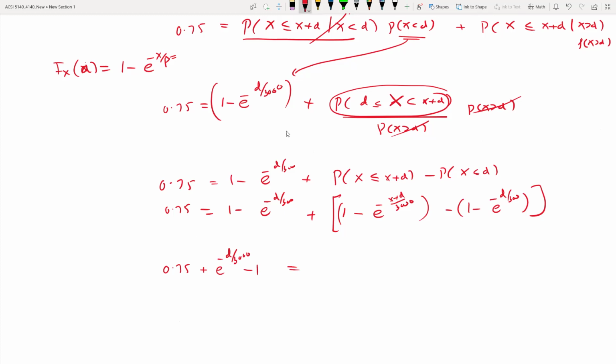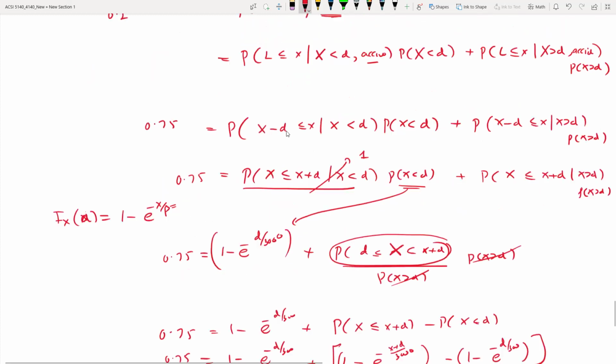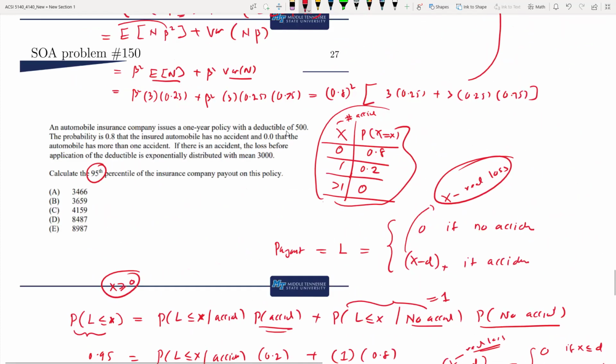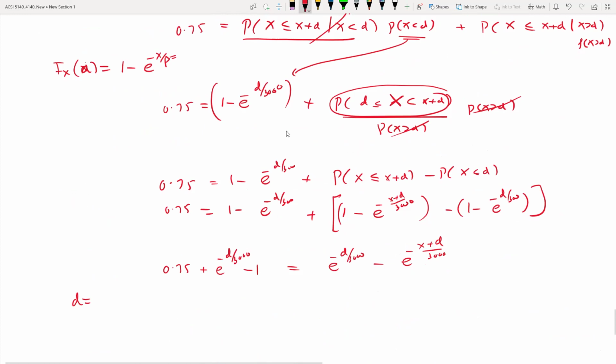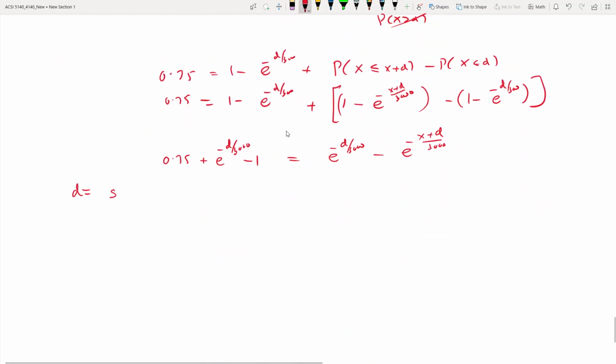On this side 1 and 1 cancel out, and I'm going to take e to the power negative d over 3000 as a common factor. We know the deductible is 500, so I can substitute d equal 500.